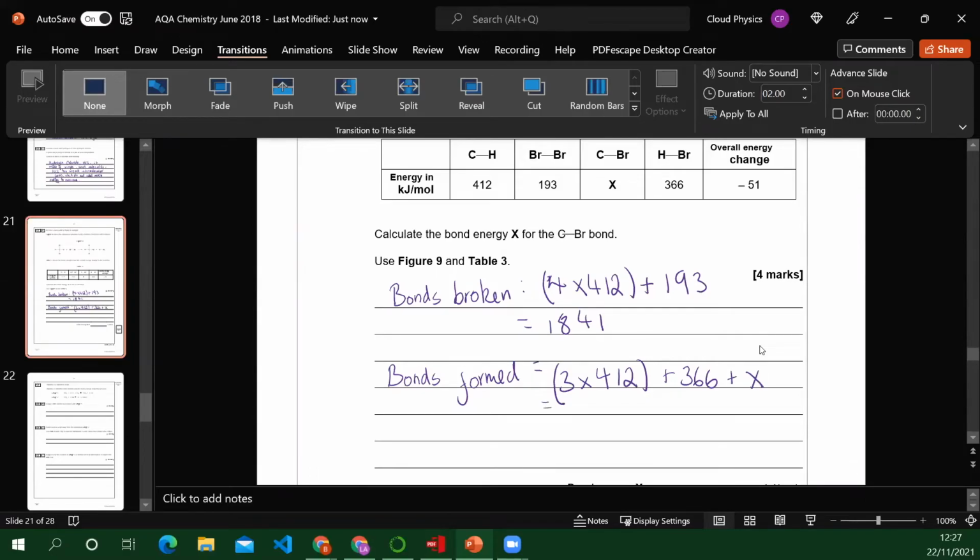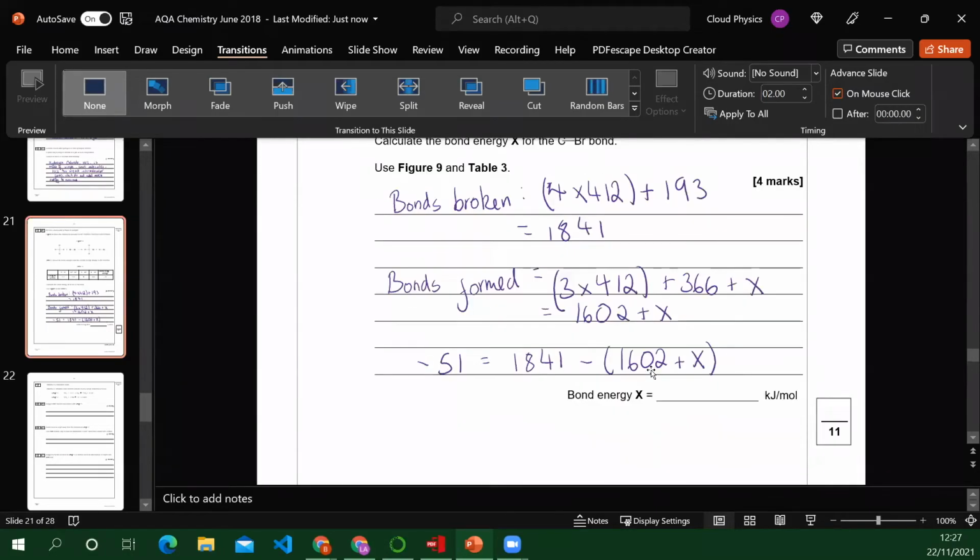So that equals 1602 plus X. So we've got minus 51, the overall one, equals 1841 minus 1602 plus X. If we work that out, we have 290 kilojoules per mole. The missing value of X is 290.